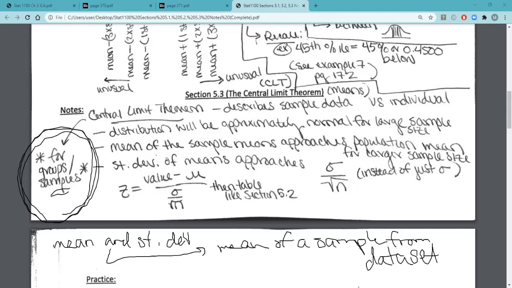Notice here we're describing sample data versus just individual data. If we take multiple samples from the data set, we're going to see that the larger our sample size is, and usually the regulation here is greater than 30, the closer our distribution will be to being normal.